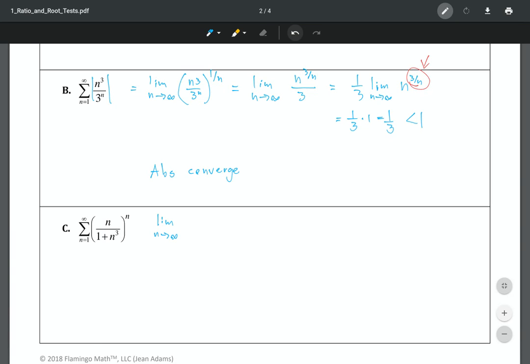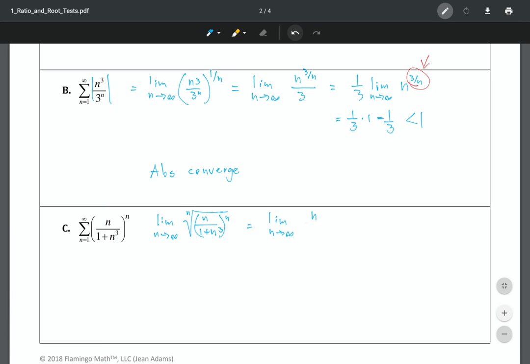Where it helps is if you have some kind of alternating sequence. All right, so now I have n over 1 plus n cubed. Now you can raise this to the power of 1 over n, or you can take the nth root of this. Sorry, I forgot this. So when I take the nth root, basically it eliminates the power.